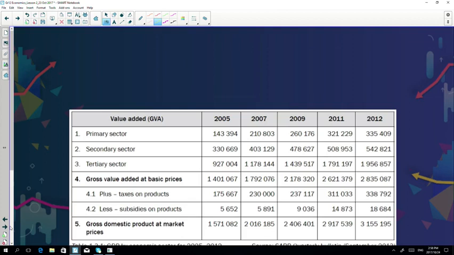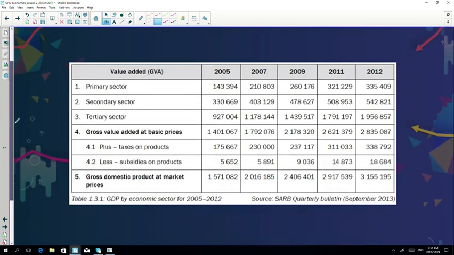Okay, so let's have a look at our diagram. It's good to see some visuals over here. We've got the primary sector, the secondary sector, and the tertiary sector. And then obviously you've got the different years, because when you study economics, it's always important that you do a comparison of some sort in order to see whether we are improving or things are actually getting worse, so that we can apply corrective measures to improve our economy.